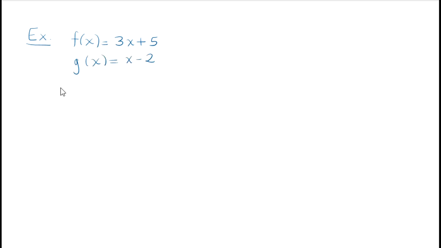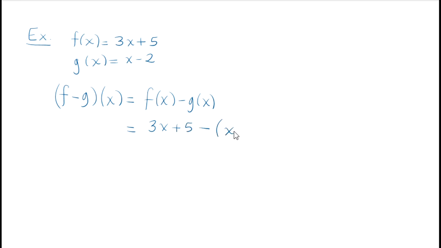What is f minus g of x this time with the variable? It's similar. This is going to be f of x minus g of x, and you will combine like terms. You have 3x plus 5 minus, for g of x you have x minus 2. You can distribute that negative to both terms, and we have 3x plus 5 minus x plus 2.